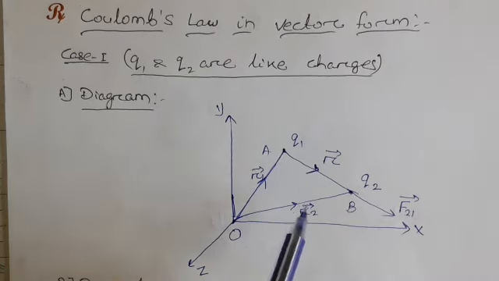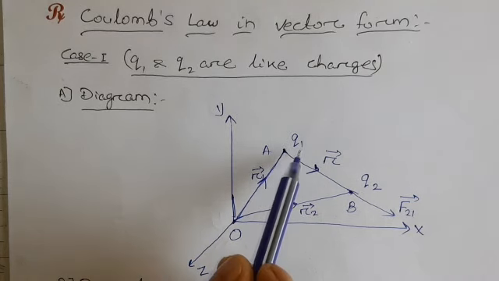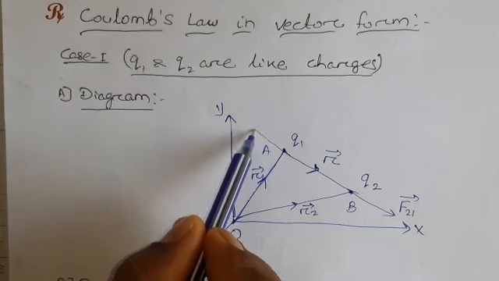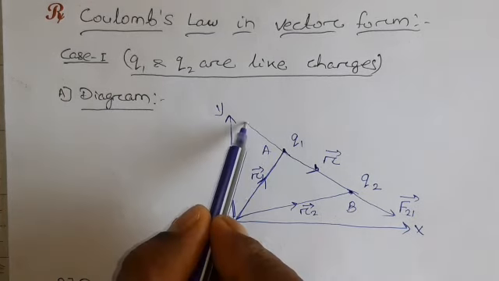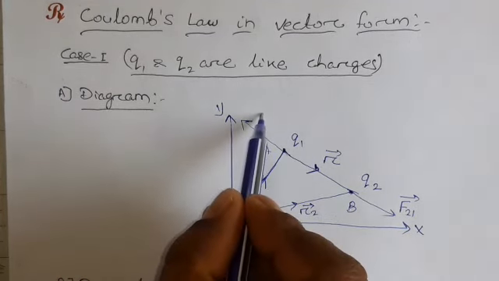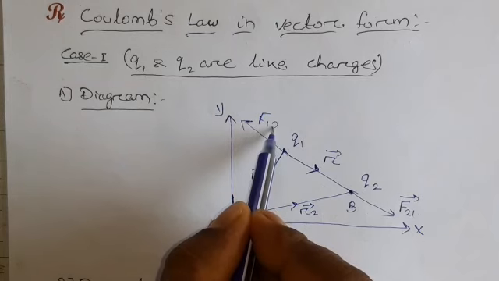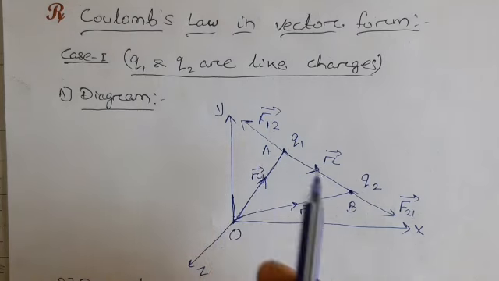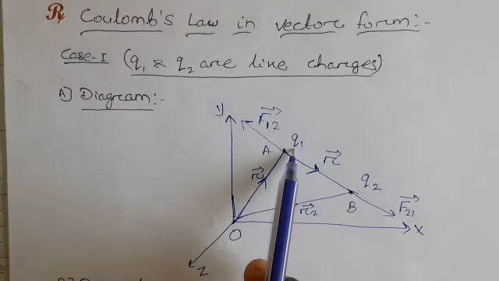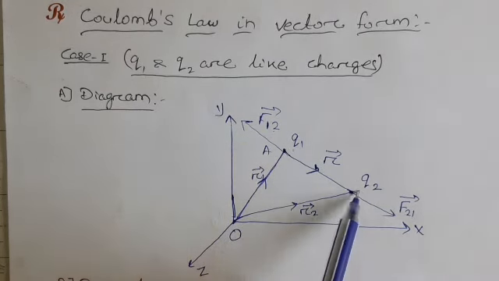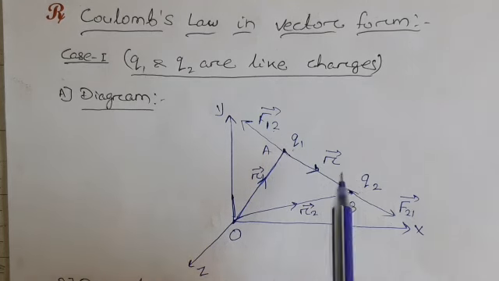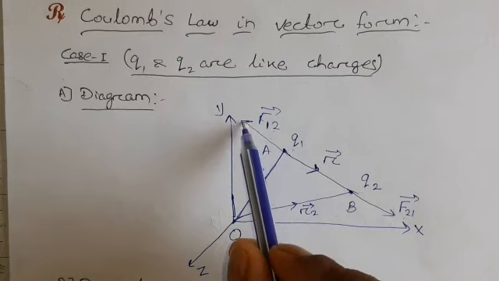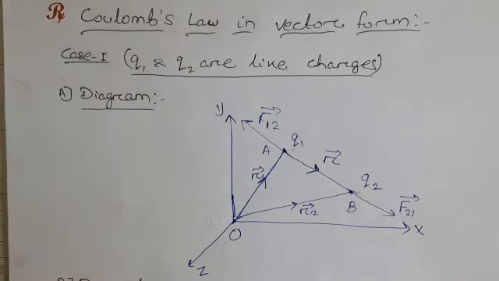Similarly, I will draw the force on Q1 due to Q2. If Q1 is fixed, then Q2 will repel Q1. Repel means in the opposite direction of F21, so in this direction I have taken F12.